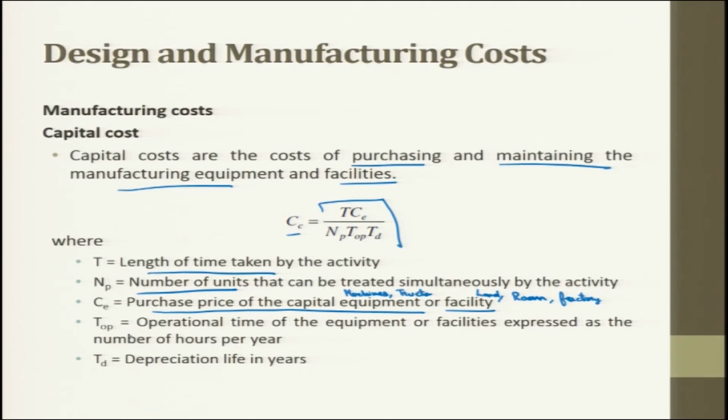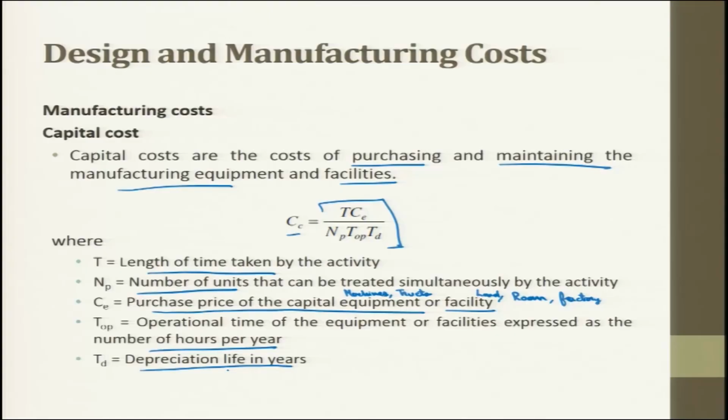TOP is the operational time of the equipment or facility, expressed as the number of hours per year. TD is depreciation life in years, because we are talking about the capital cost. There is always life cycle cost associated with anything that we purchase. Life cycle cost, I will discuss in the end of this presentation, a brief introduction to that would be given. Always the things are deteriorating with time, and there is always a replacement value.